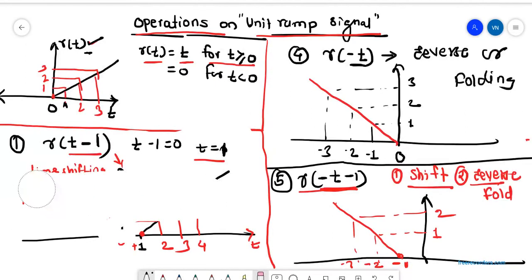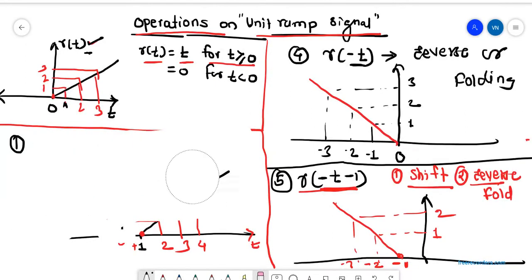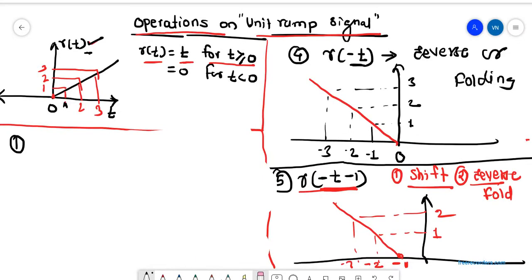Next, if I take the same signal and I want to write one example like r of minus t plus 1. Again the same: first I have to write t plus 1, then you can reverse that signal.